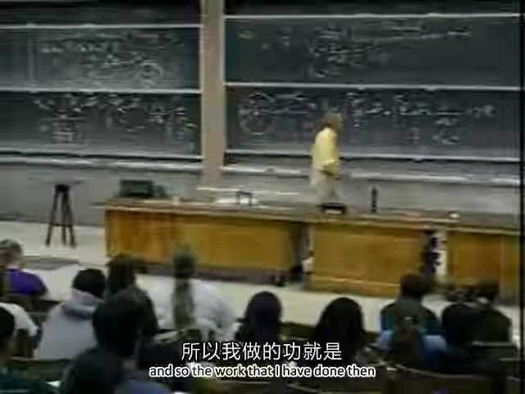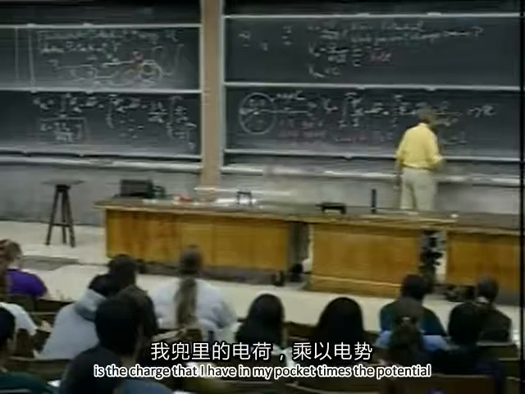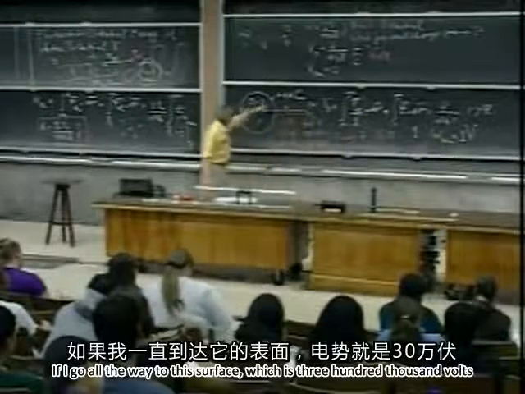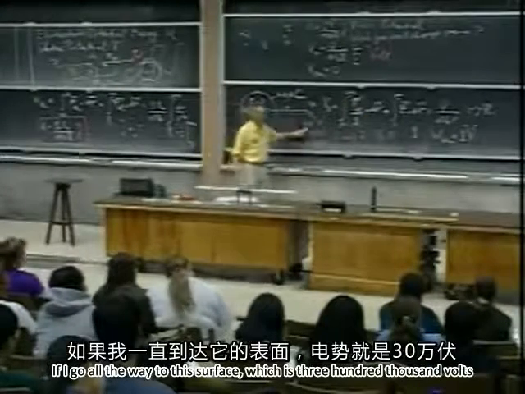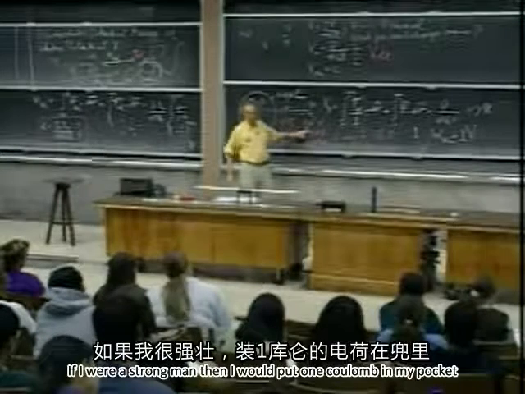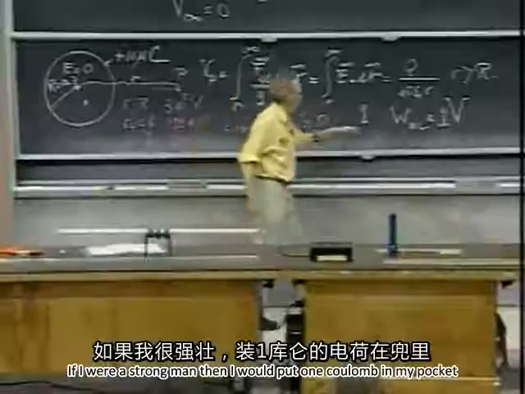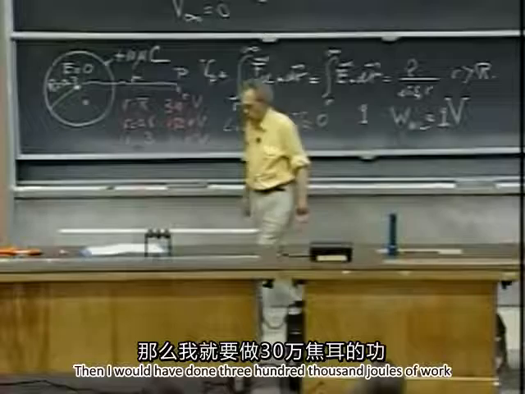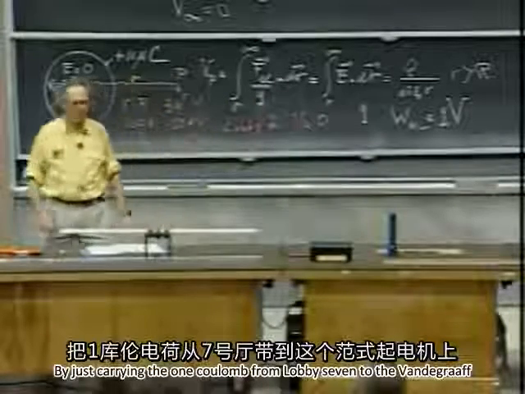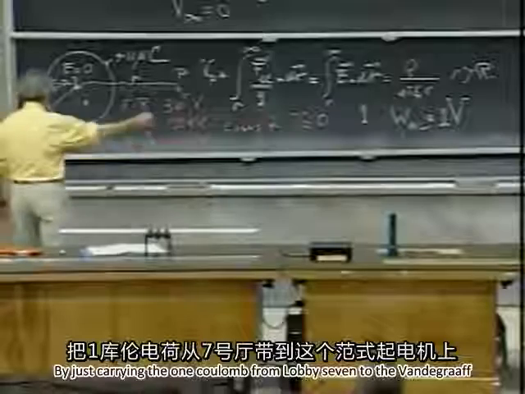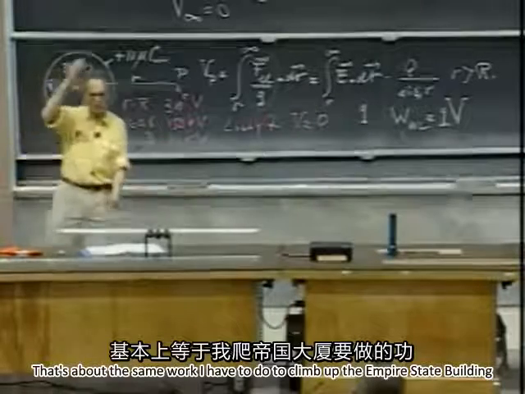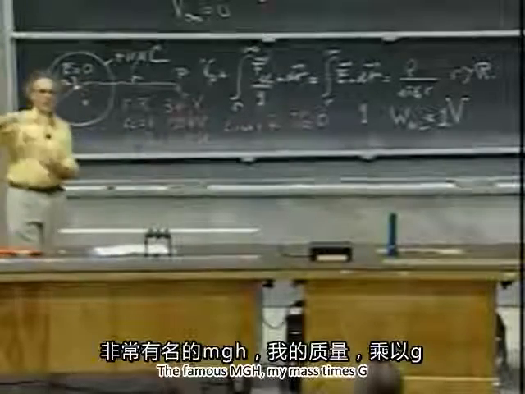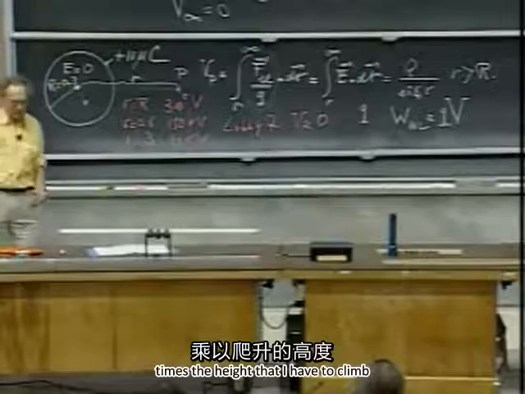And so the work that I have done then is the charge that I have in my pocket times the potential, in this case the potential of the Van de Graaff, if I go all the way to this surface, which is 300,000 volts. If I were a strong man and I would put 1 Coulomb in my pocket, that's a lot of charge, then I would have done 300,000 joules of work by just carrying the 1 Coulomb from lobby 7 to the Van de Graaff. That's about the same work I have to do to climb up the Empire State Building. It's the famous mgh, my mass times g times the height that I have to climb.